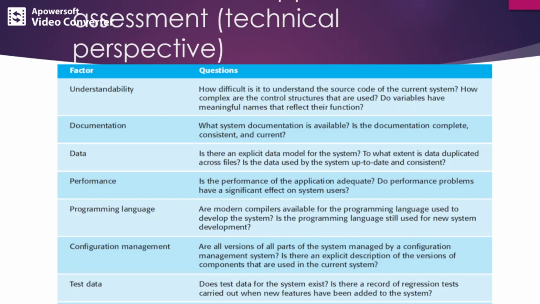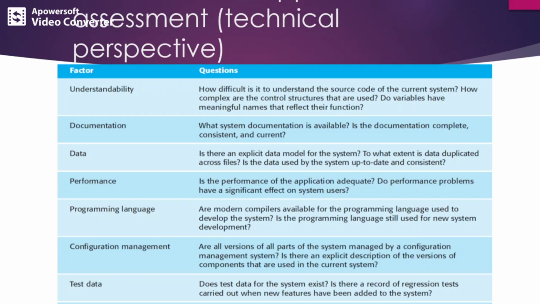Is the data used by the system up to date and consistent? And also you need to see whether the data used by the system is up to date and consistent, current. Next is the performance. Is the performance of the application adequate?